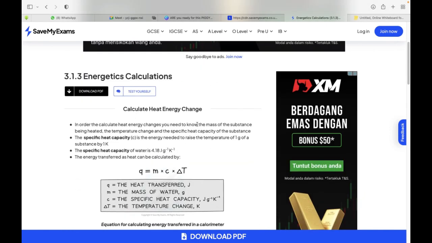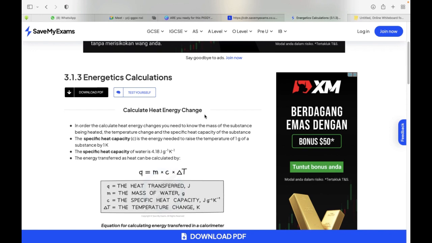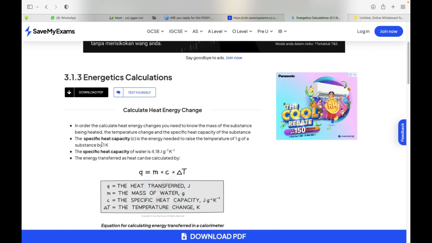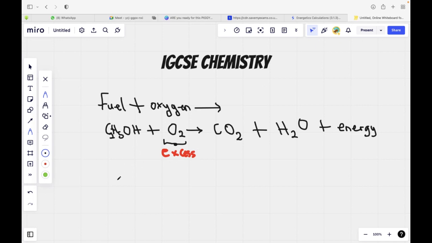We say this one is calculate the heat energy change. How to calculate the heat energy change? In order to calculate the heat energy change, you need to know the mass of the substance. We need to know what? The mass. So let's say heat energy change.